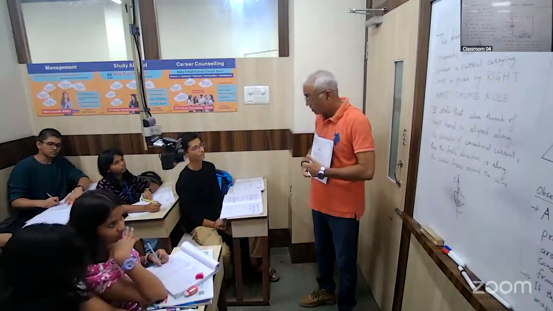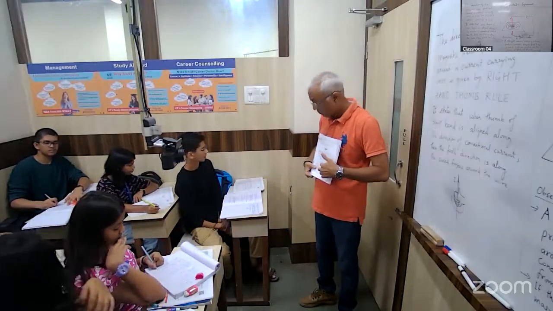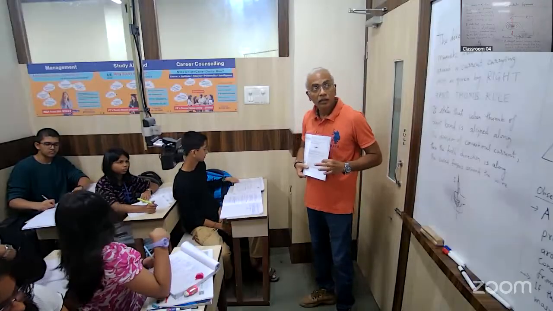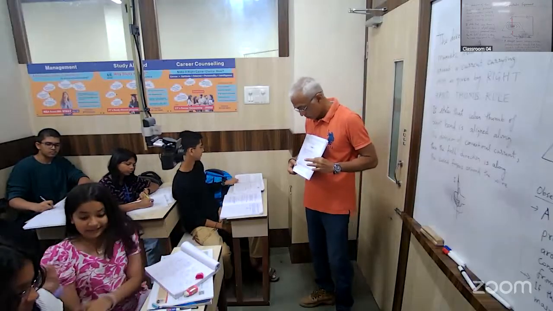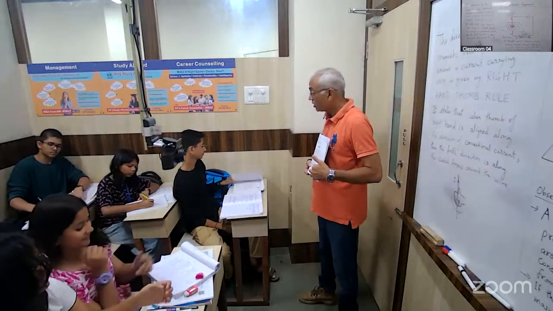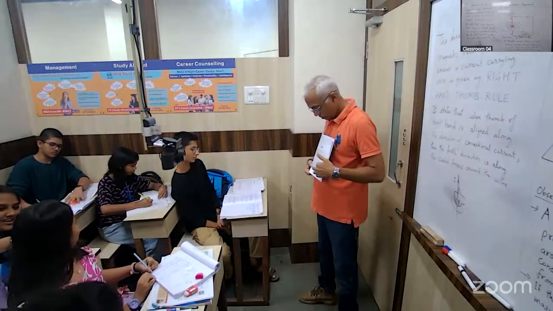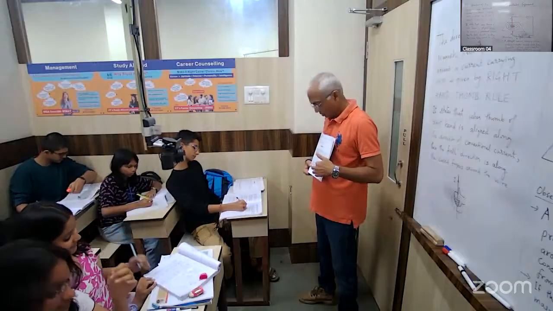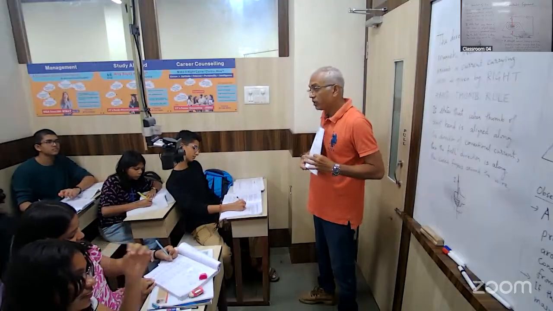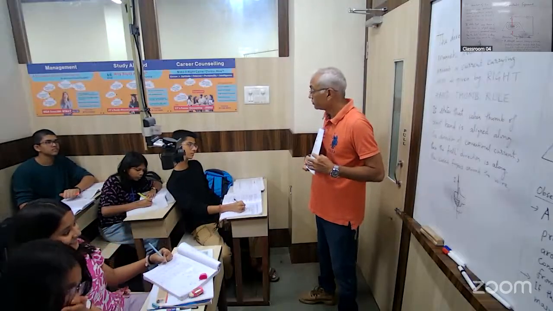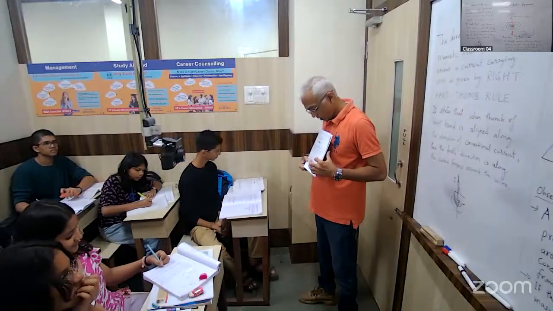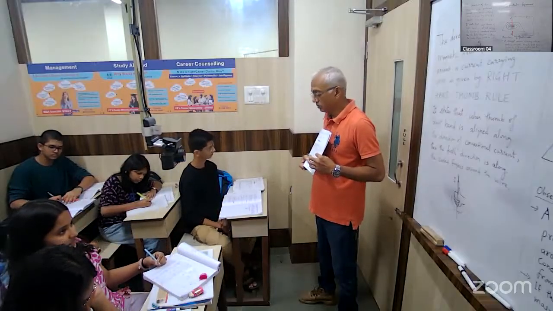So now we will discuss this diagram. So Oersted actually observed the magnetic effect in this circuit. So what did he do? Listen everyone.